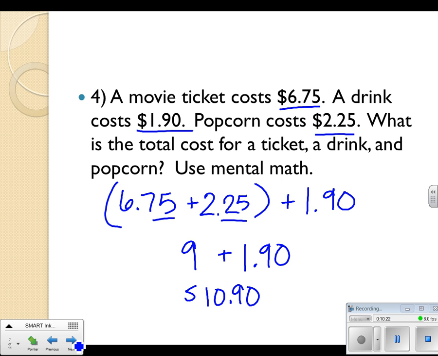So using the associative, I guess commutative, changing the order, and the associative by grouping and saying I'm going to add these first helps me do this problem quickly. That's that mental math piece. What can we do to make this problem easy?